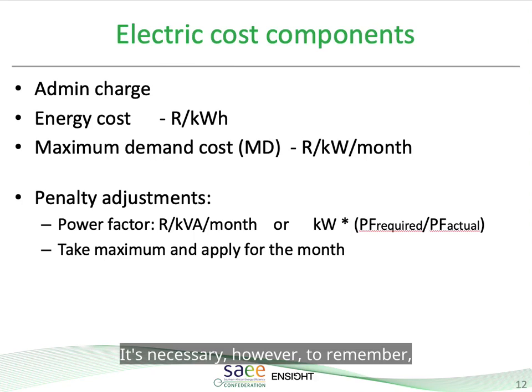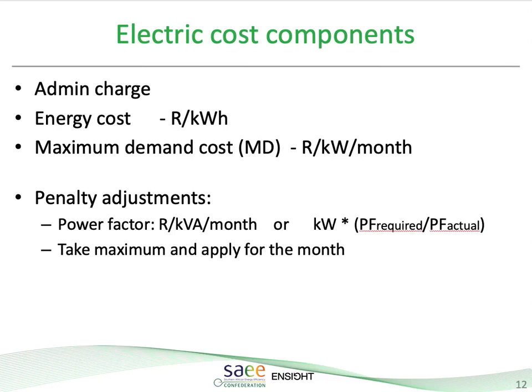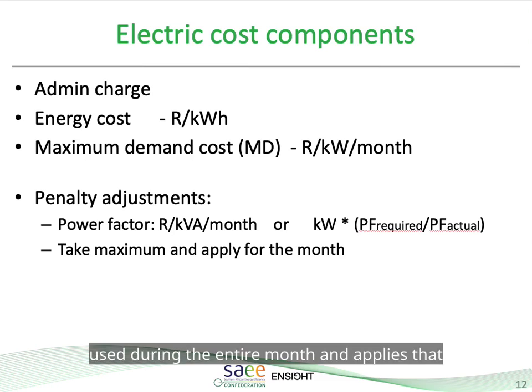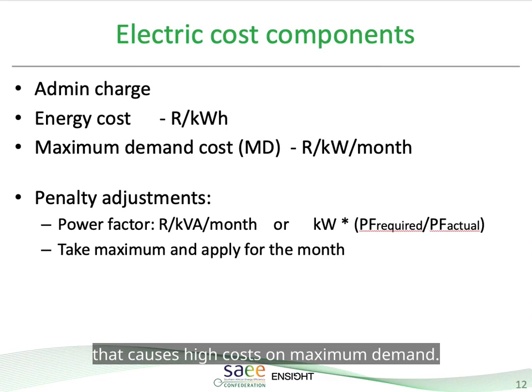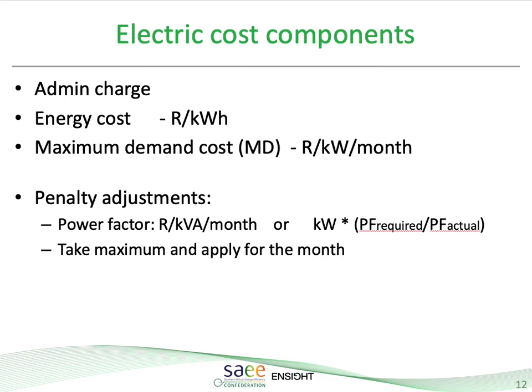It's necessary, however, to remember that kVA uses a maximum in 30-minutely data used during the entire month and applies that for the rest of the month. So it only takes one day that causes high costs on maximum demand.